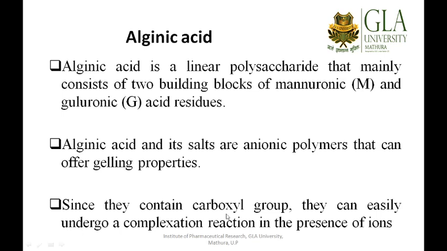Since they contain carboxyl groups, they can easily undergo a complexation reaction in the presence of ions. As I already mentioned, we can simply control the drug release by complexing it with different ions like calcium, cross linking it with alginic acid to make polymeric beads.